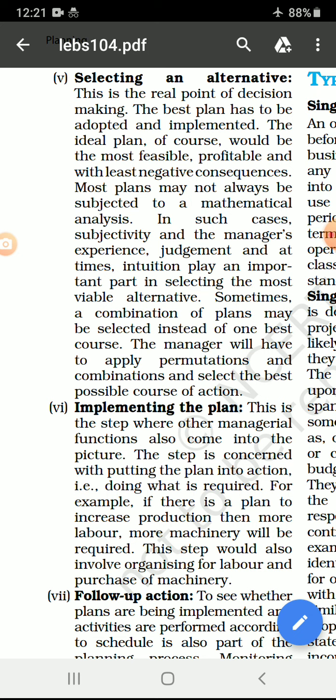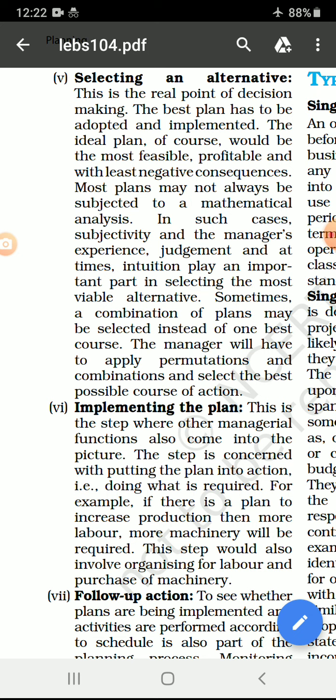For example, in case of production of a huge unit, 1000 units, 2000 units, in one particular day or in one particular shift, what is most important is the machinery and the labor for working.